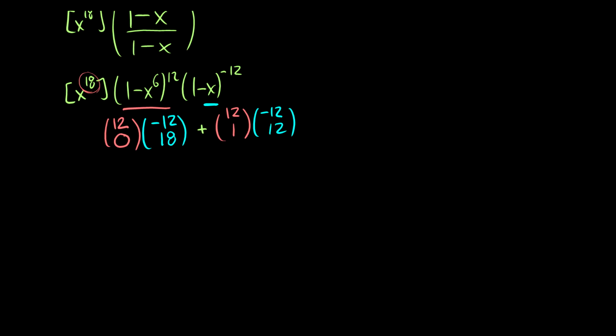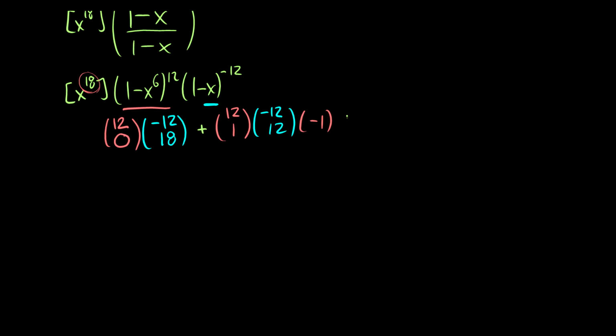And what also should be noted here is that because I'm only choosing one of the x6's, when I expand it, I'm going to get a negative 1 times x to the 6 here. Because this is a negative number, negative x to the 6th, and I'm choosing 1. So my answer is going to be multiplied by negative 1. So put that negative 1 there.